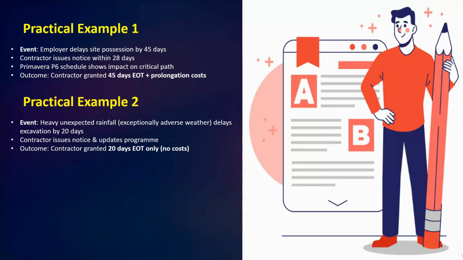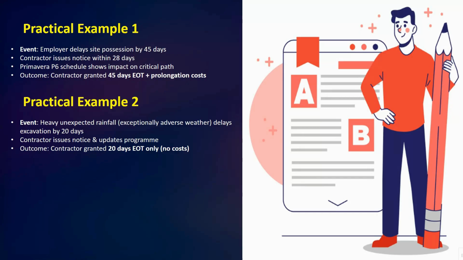For the results, the engineer reviews and confirms the delay is caused by the employer. So the outcome is that the contractor gets 45 days EOT and prolongation cost. This example shows how timely notice and proper documentation lead to a fair outcome.